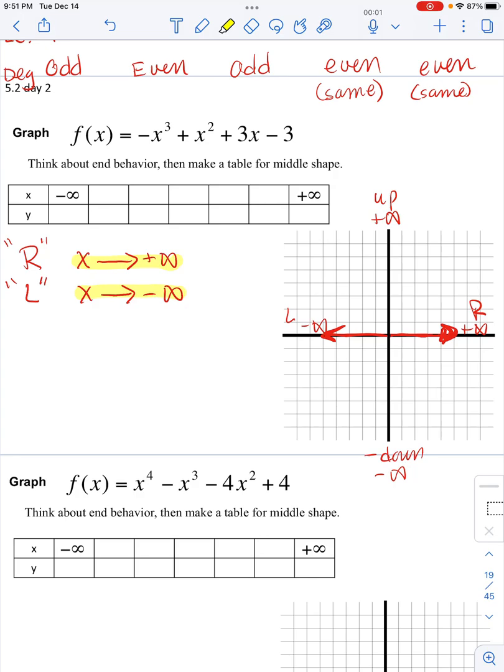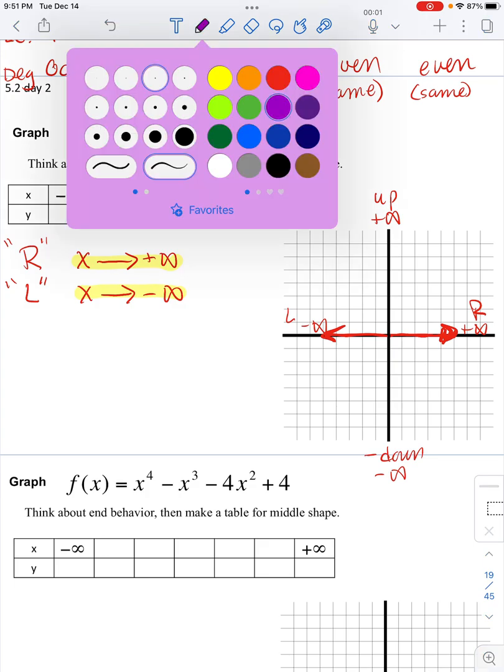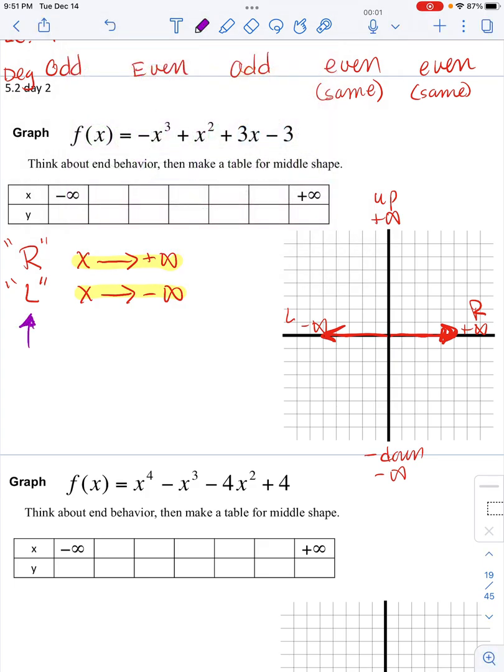So then what we have to decide is, is that right end going up or down? So think about up and down. Up. Now, we used to call this y, in the olden days, but now that we're really smart, we call it f of x. They're probably going to call it f of x as well. So if your graph or that end, the right end, left end, is heading up, you'll see it written like this, or you'll have to write it like this.